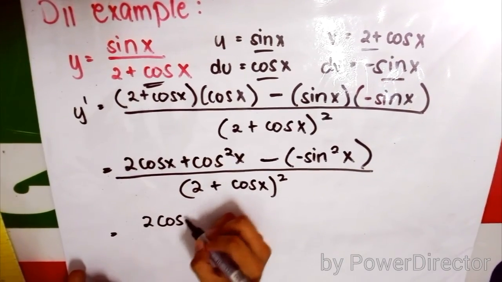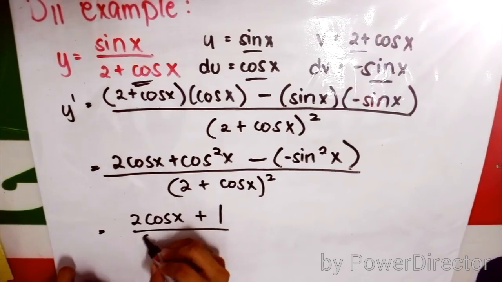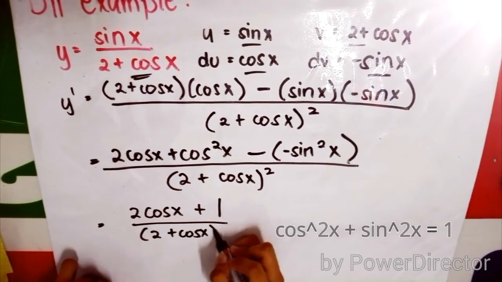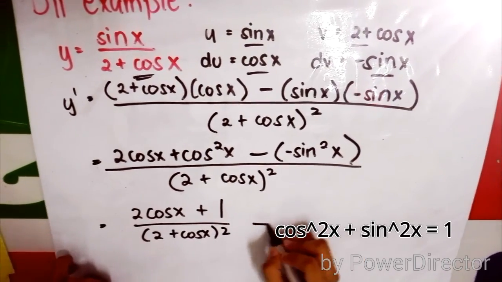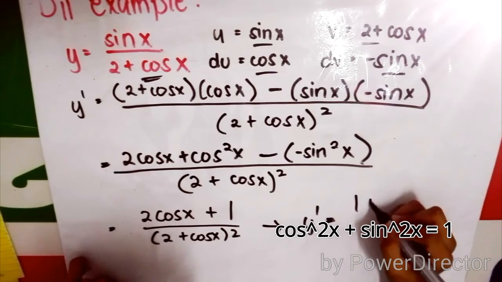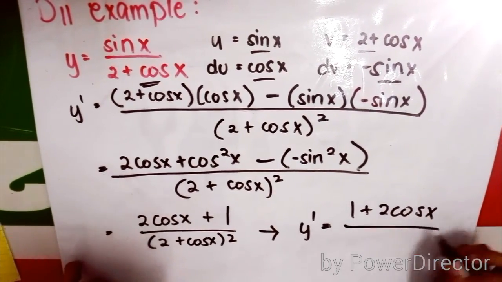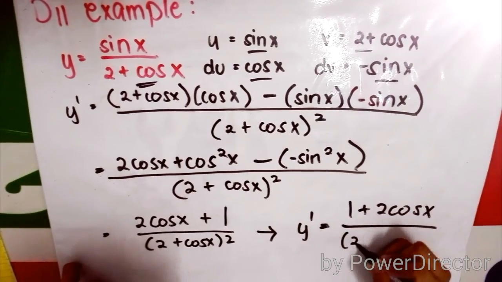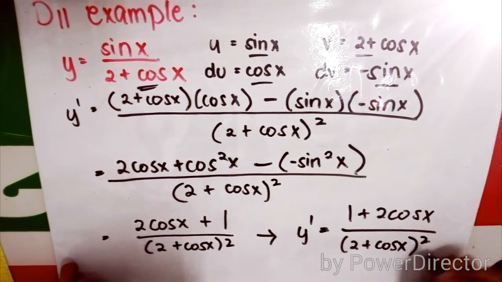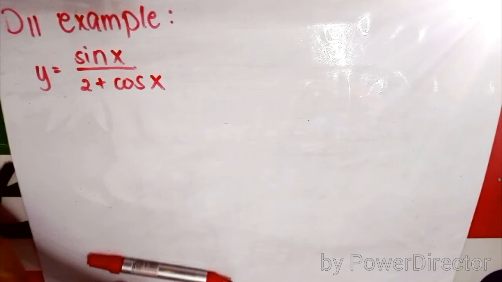Next, you have to remember that cosine squared x plus sine squared x is equal to 1. So the answer is 2 cosine x plus 1 over 2 plus cosine x squared. Then rearrange it: 1 plus 2 cosine x over 2 plus cosine x squared.